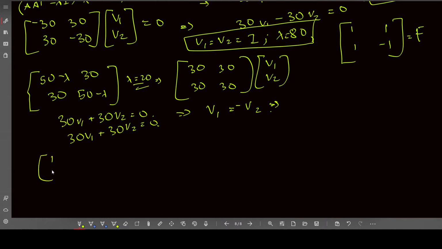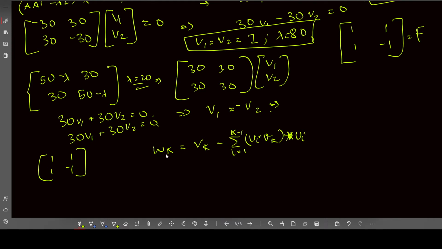So I have my vectors 1, 1, and 1, minus 1, and I have to find the orthonormalized matrix for this. So we know the formula is Vk minus the sum over i equals 1 to k minus 1 of the dot product of Vk and ui, times ui.